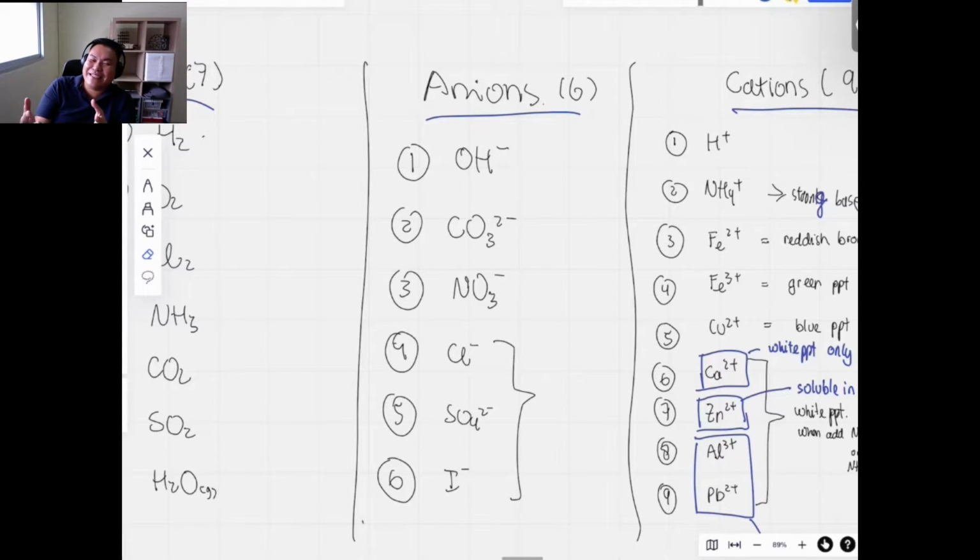Then the carbon dioxide itself, you must test using the lime water. And what will you observe? White precipitate. Very good.